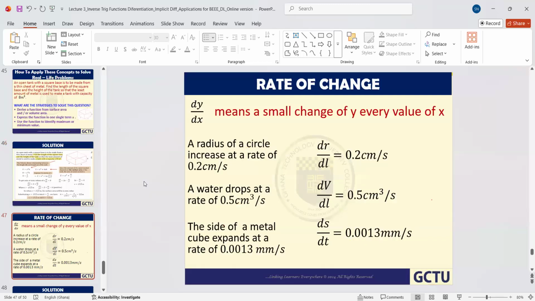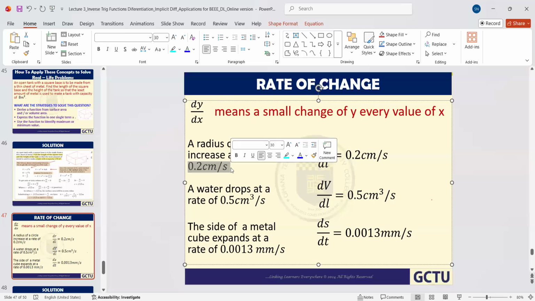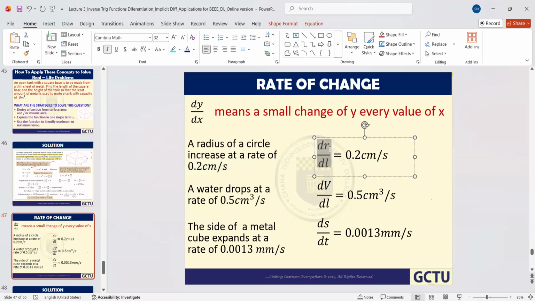Okay, so I ended by showing you that when you see dy/dx, it means the change in y for every change in x. When you have the radius of a circle, and they give you a value like 0.2 centimeter per second, that means this is the differential of the radius with respect to time.